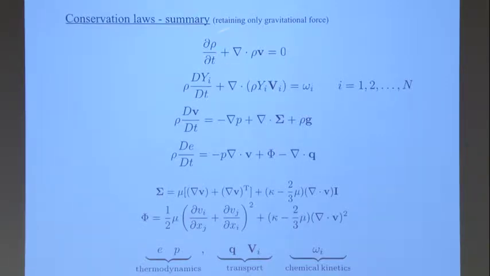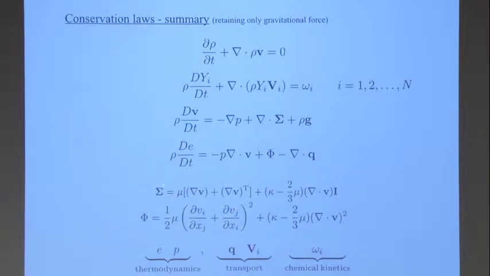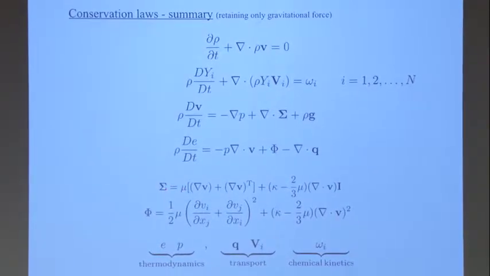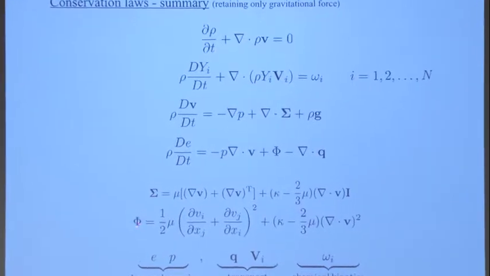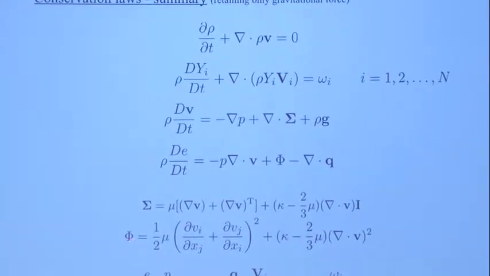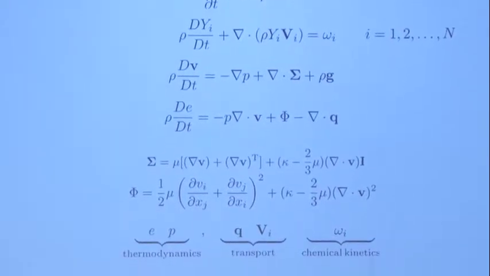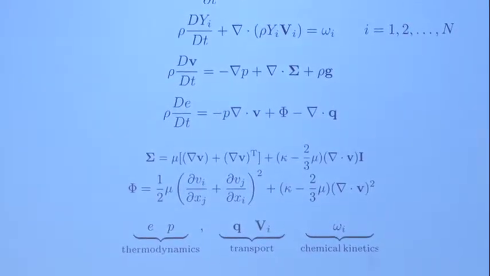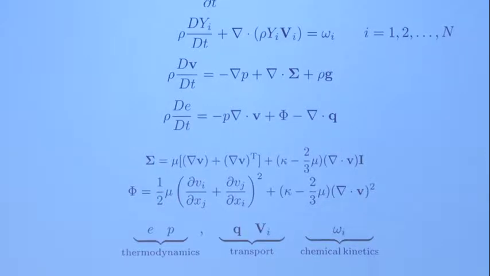So what we have, the conservation of the total mass, then we have a balance equation for the different species, and as I already commented before, only n-1 of those are independent. Then I have the momentum equation of the whole mixture, an energy equation for the whole mixture, and in this equation we have quantities like the viscous stress, the dissipation function phi, which are known because we have assumed, I didn't say that explicitly, so let me say it now.